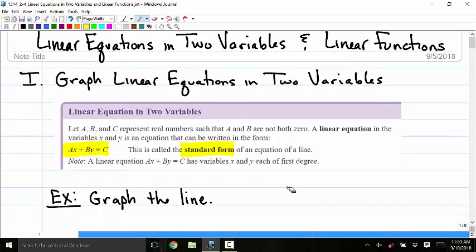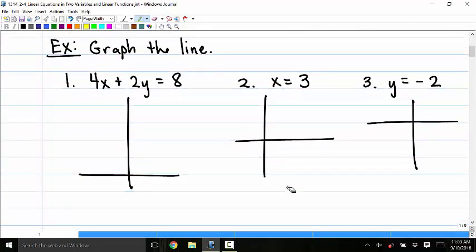Okay, let's go do an example. Graph the line 4x plus 2y equals 8. Okay, if you're given a linear equation in standard form, it's real easy to graph it. You do so by finding the intercepts first, x and y. If I let x be 0, do you see that I would be covering this up?